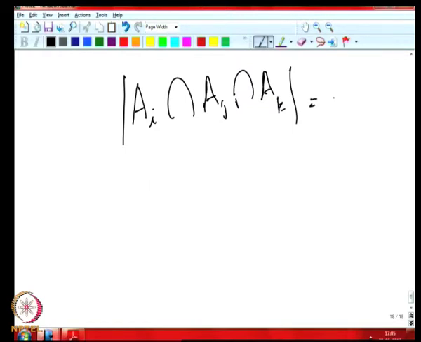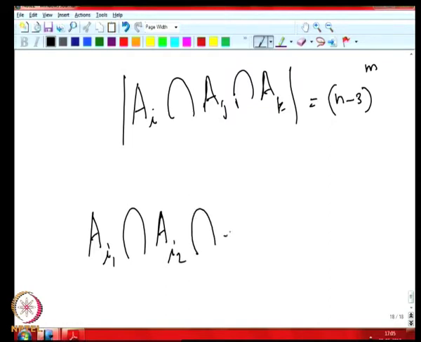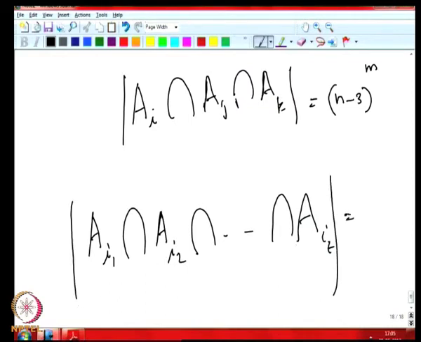That means there are n minus 3 possible values, and (n minus 3) to the power m is the total number of functions. And in general, when we are considering A_i1 intersection A_i2 intersection up to A_it, this cardinality will be, for these t things, (n minus t) to the power m, as we wanted.